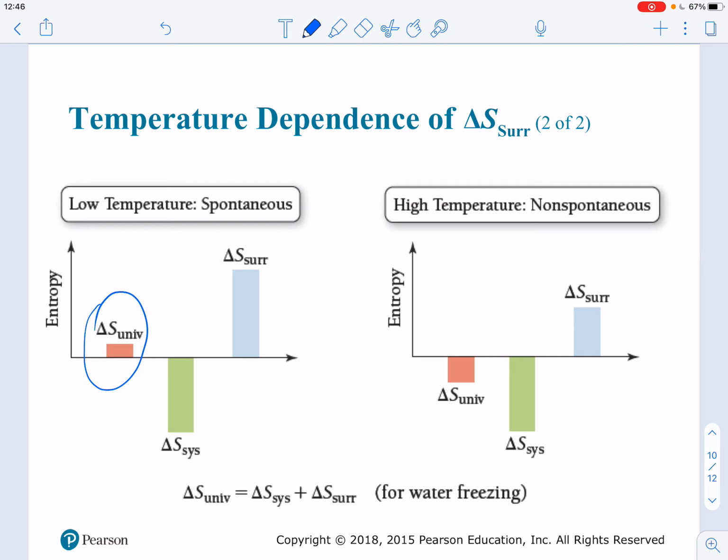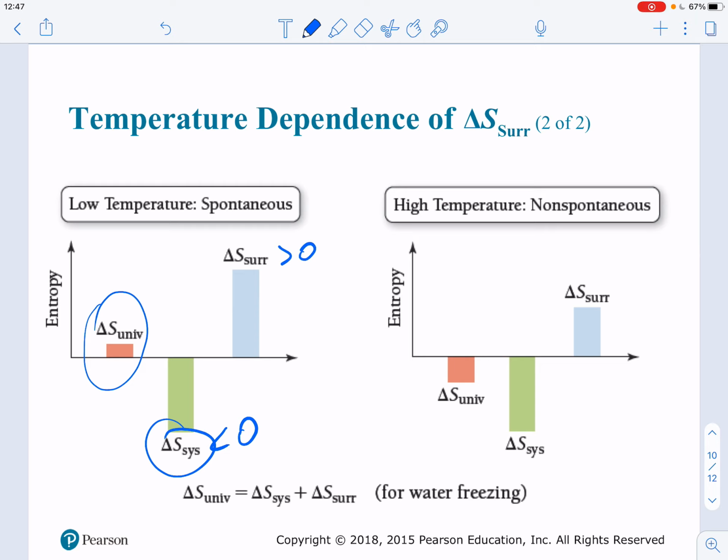In this case, the change in entropy for the system is negative, and the change in entropy for the surroundings is positive. But if the absolute value of the change in entropy for the surroundings is larger than that of the system, you will end up with a change in entropy of the universe that is positive.